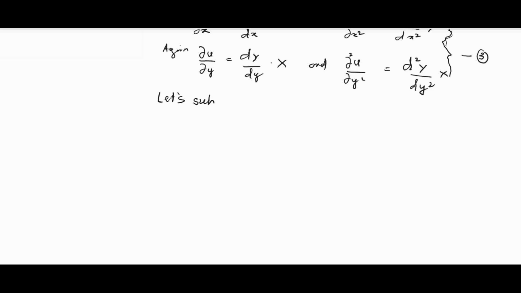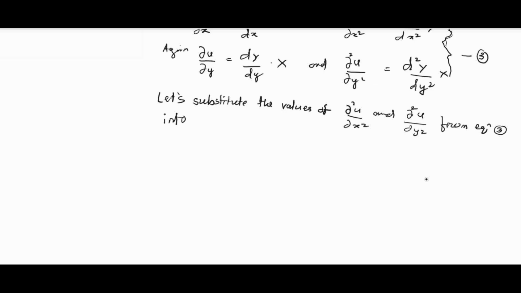Let us substitute the values of del square u by del x square and del square u by del y square from equation 3 into equation 1 to get, what do we get?